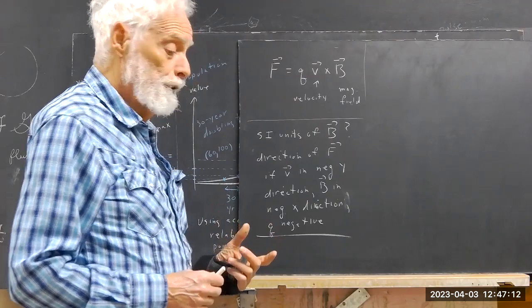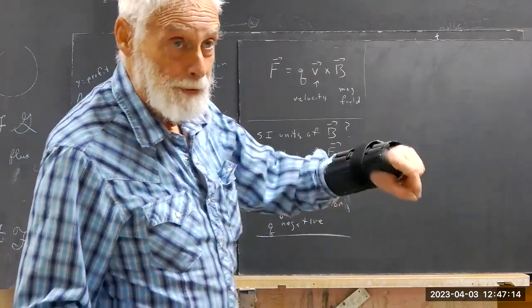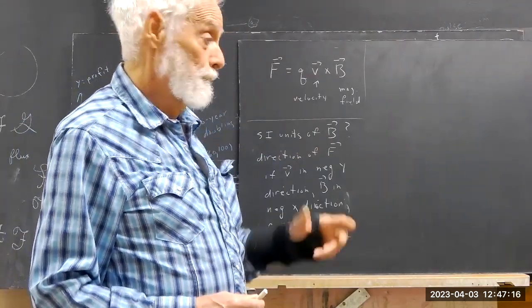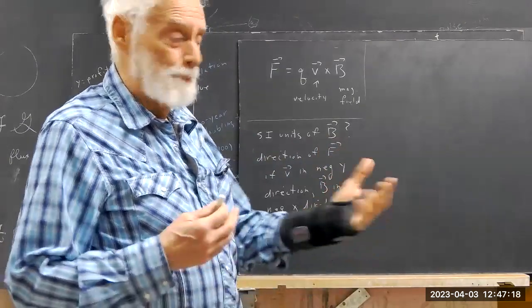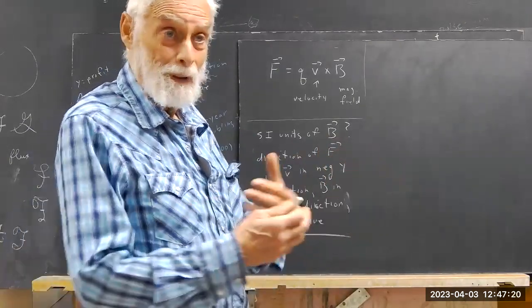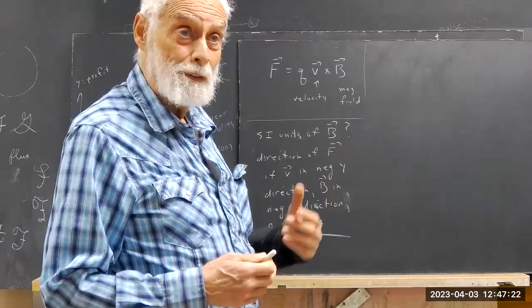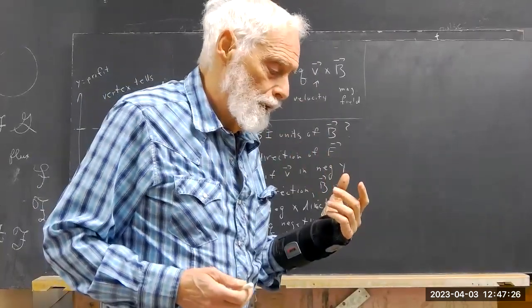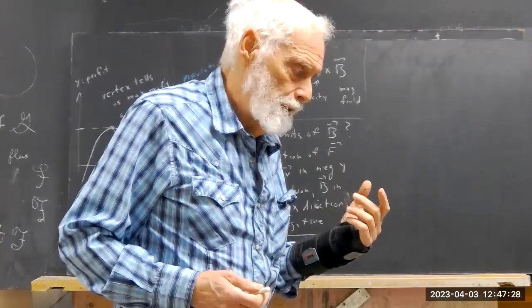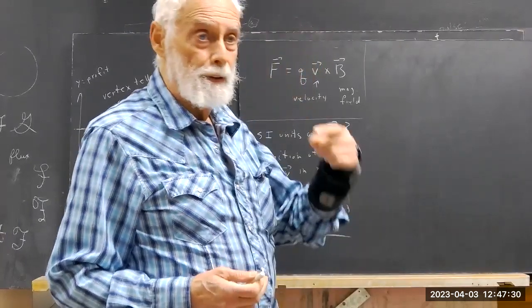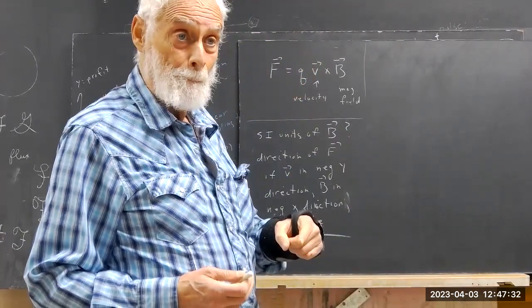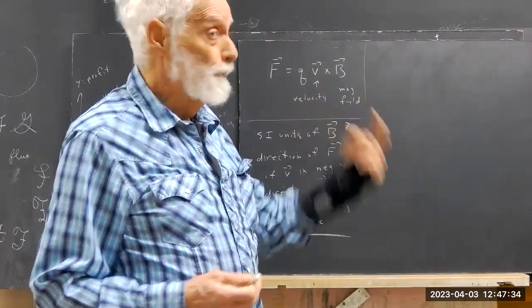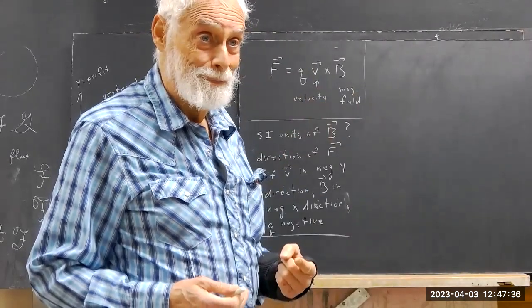So what you would do is take the average velocity of an electron or the charge carrier. It could be in an ionized gas or something, where you have ions in both directions. But you take the average velocity of the charge carrier, multiply by the number of charge carriers.